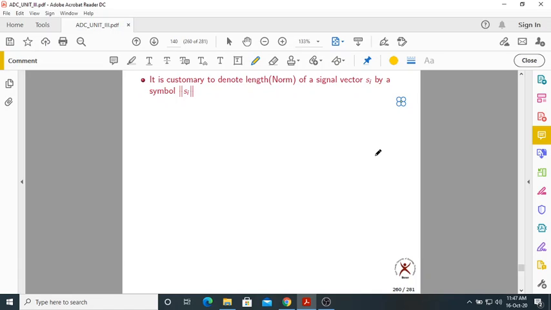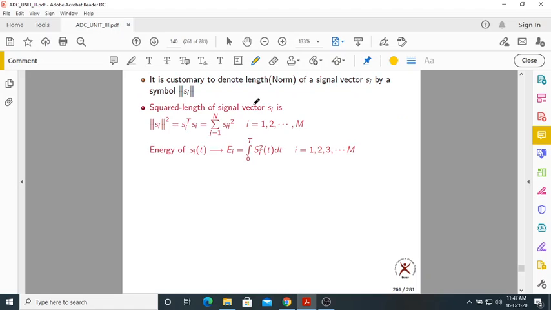Now, we have something called the norm of a vector. It is denoted by this symbol, norm or length. Just now I told you the square of the length of a signal vector Si. So the square of the length equals this much.